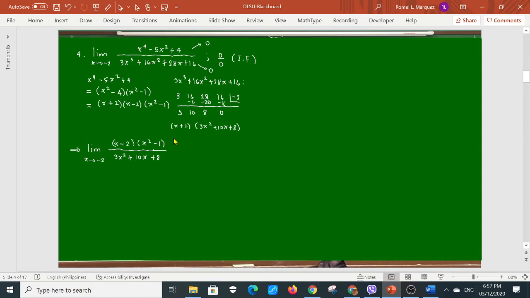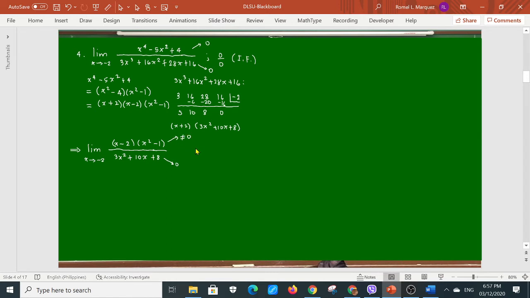So, let's see the denominator. If it is no longer 0, what we know is the numerator is no longer 0. What about the denominator? So, let's use calculator. What's the limit of the denominator? 3 times 4 minus 20 plus 8. So, this is 0. Okay? But the numerator is not 0.